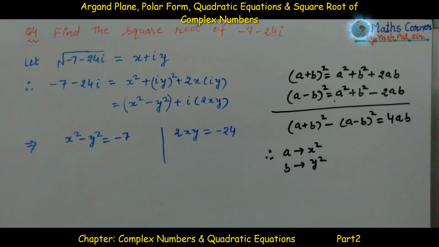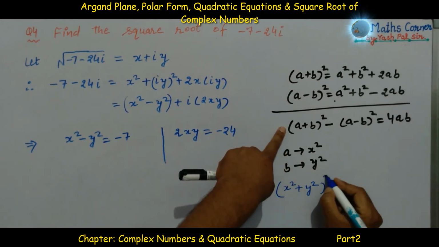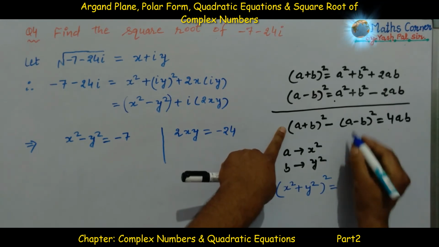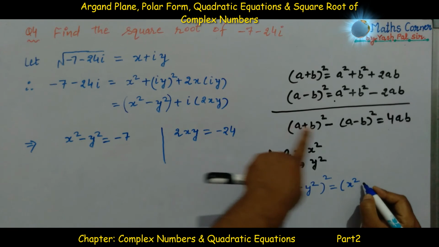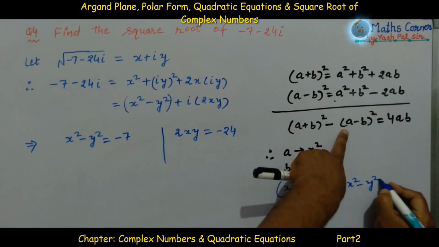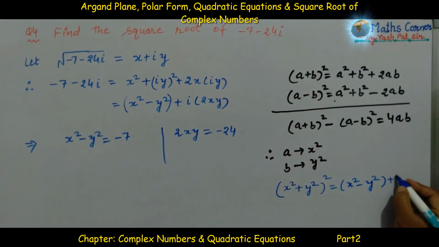Our new term becomes x square plus y square whole square, which is equal to, taking it to the right hand side, x square minus y square whole square plus 4 into x square into y square.